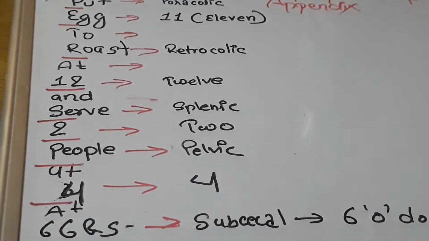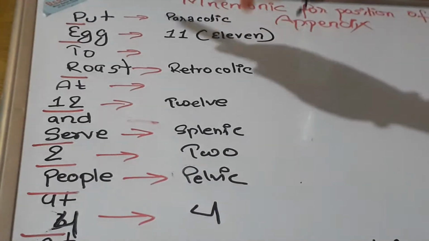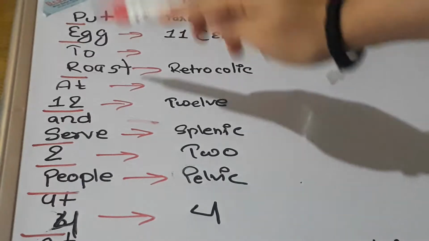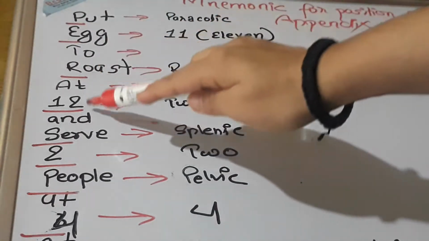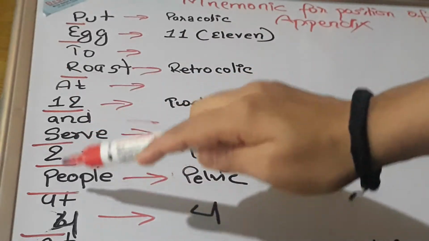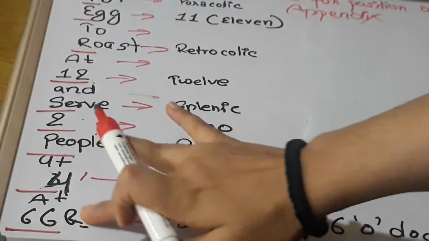So for these mnemonics of appendix, what I have created is, here you can see it is written: put egg to roast at 12 and serve 2 people at 4 at rupees 66.